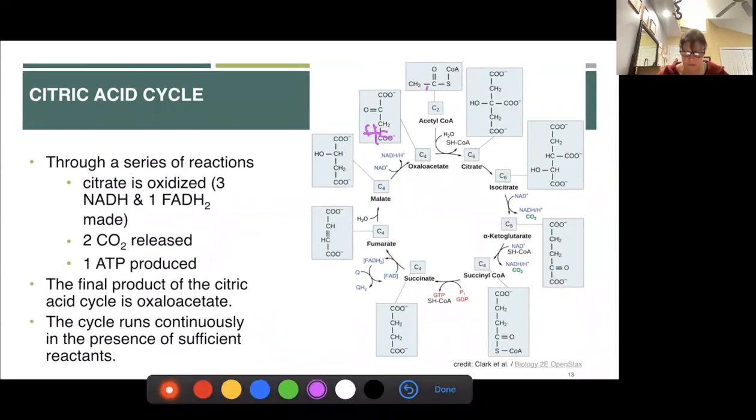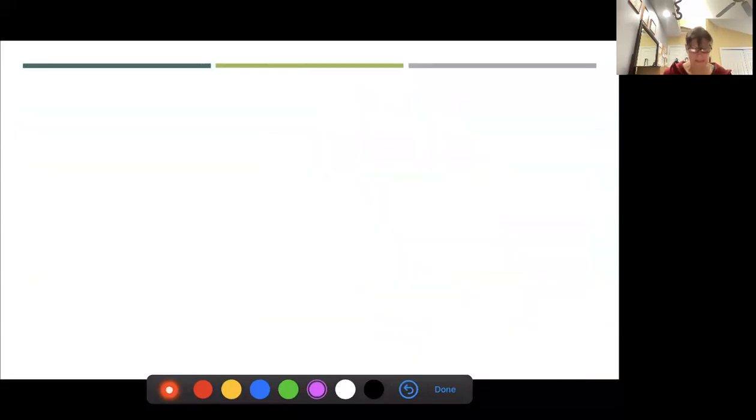And then we're going to continue through our progression of steps, which I'd rather draw out than use this picture. I left my short notes at school, so I have it pretty well memorized, to be honest.